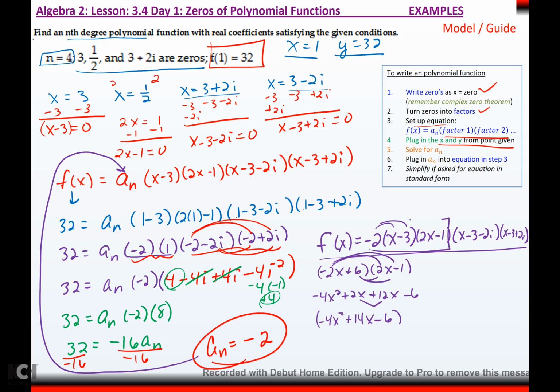Now, I got all these three done. I'm going to multiply these two together because they're conjugates and it'll kill the i's. And then when I'm done, I'll multiply those two together.